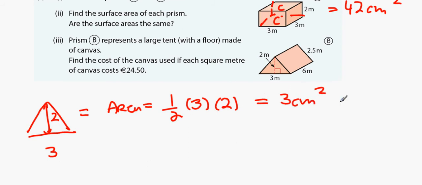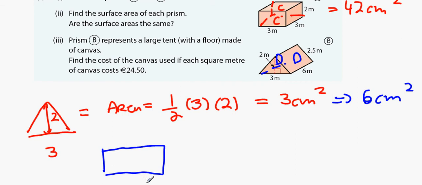Now, there's two side ones, which we'll call D. There's a side face here, and there's a side face behind, so there's two of them. The area of these are going to be, they're of length 6 and width 2.5. So the area is going to be 6 multiplied by 2.5, which is 15 meters squared.